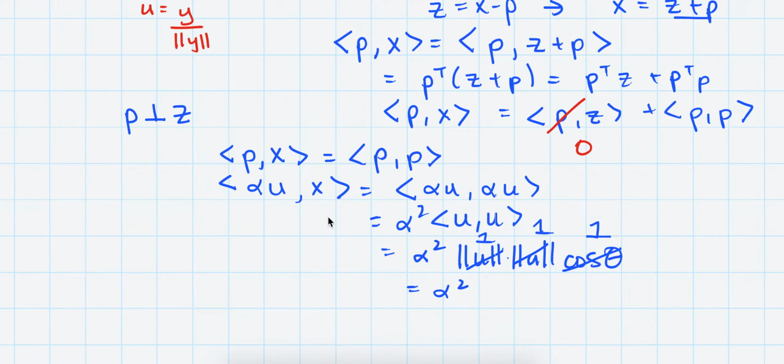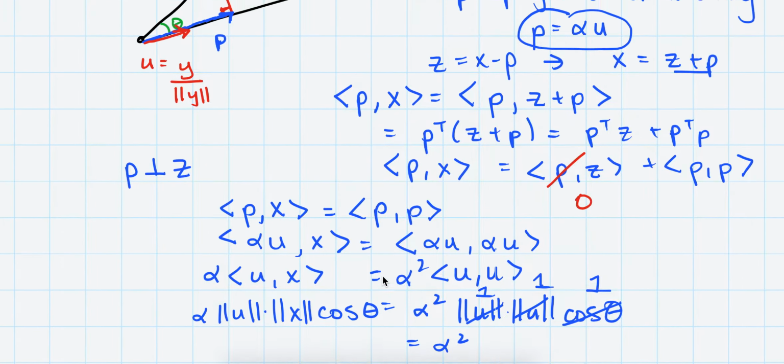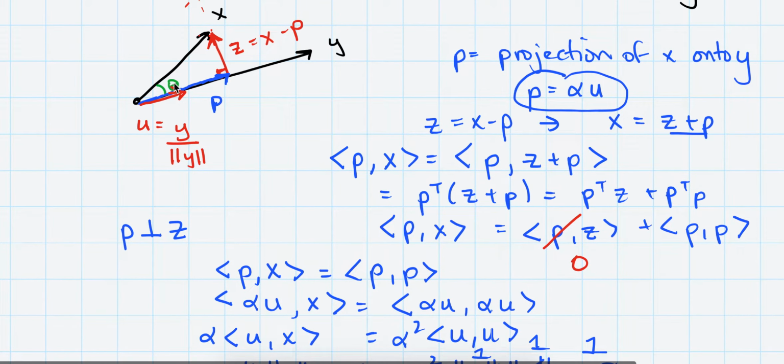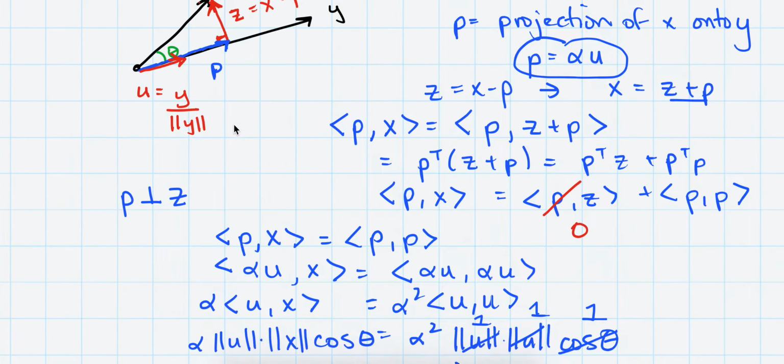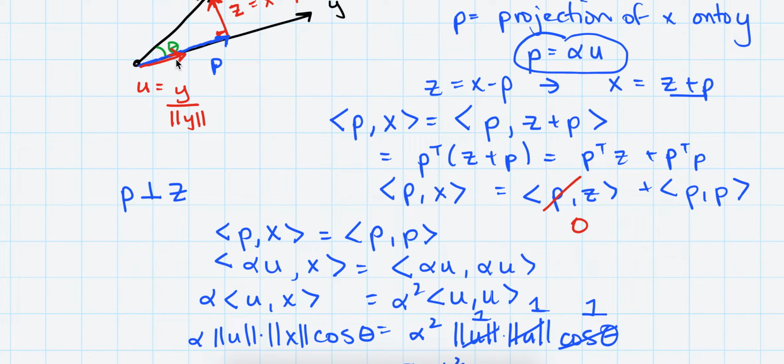And now let's work on this side. I can take this alpha out. And then here, I'm going to do the same thing as what I did over here. This is the length of u times the length of x times cosine of the angle between them. And we actually labeled that angle as theta here. The angle between x and y is the same thing as the angle between x and p, or x and u.